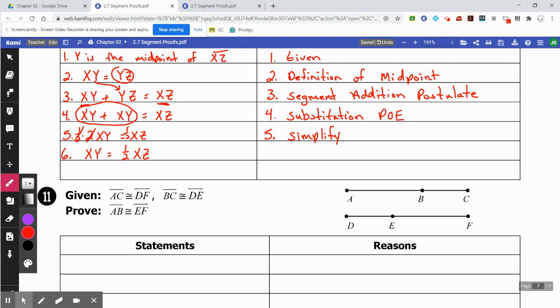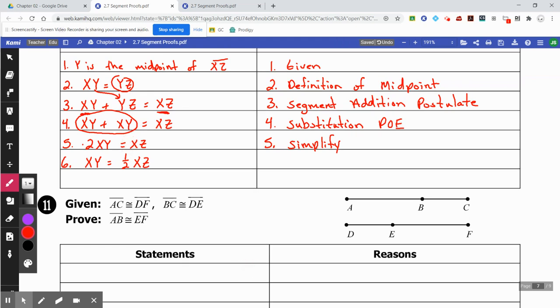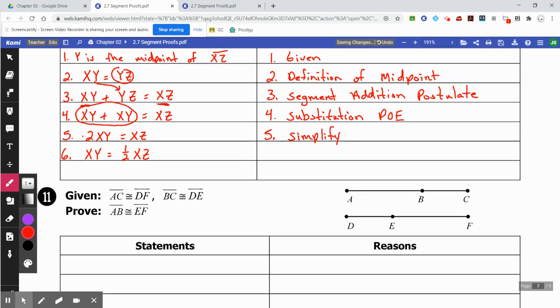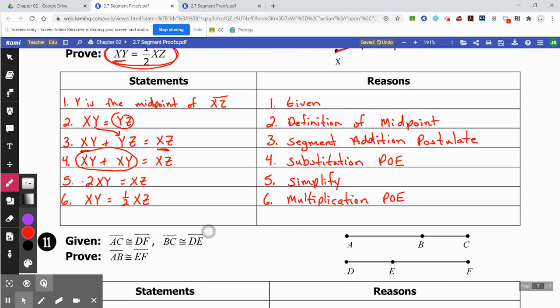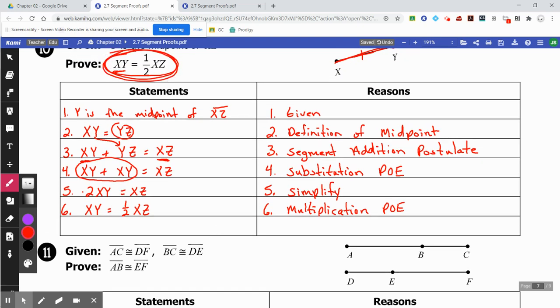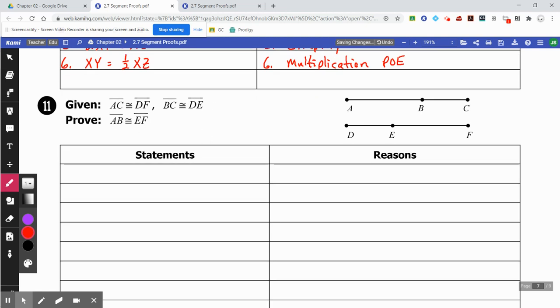That makes sense: if 2 XY's is equal to XZ, then XY would be half of XZ. But the technical reason is that I multiplied both sides by a half, which is legal by the multiplication property of equality. And that is exactly what I'm trying to prove: XY is half of XZ.